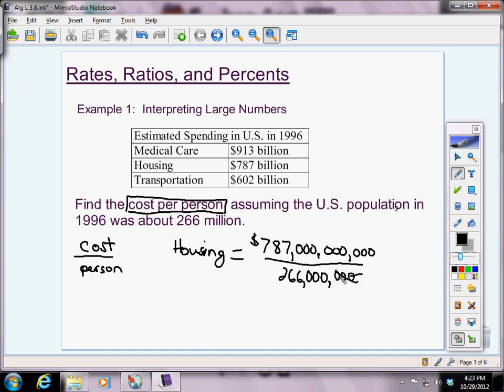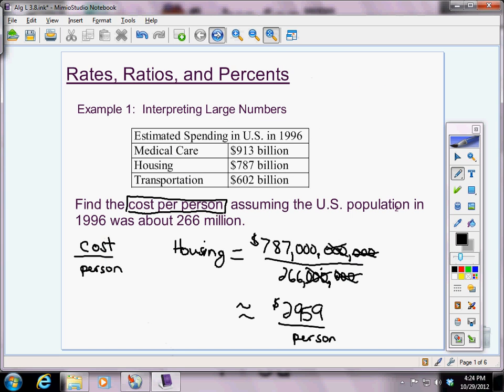If we were to divide this out, 787,000 divided by 266, this time it's going to be approximately $2,959 per person. Again, I round a little bit, because we're dealing with such big numbers and you get a decimal that never ends. We can do the same thing for transportation. The way we figure out that rate is to use the information we're given. If we want cost per person, we divide our cost by person.